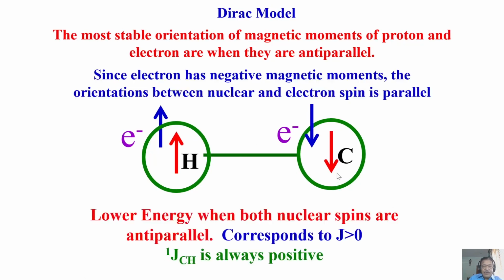As a consequence, this is a lower energy state and stable. In such a way, the J coupling is greater than 0. That means 1JCH is always positive.